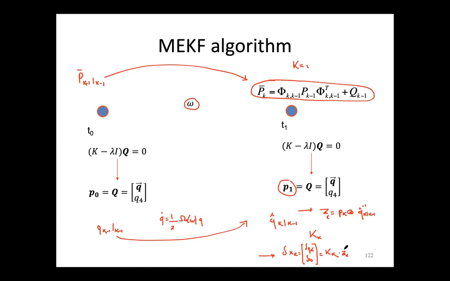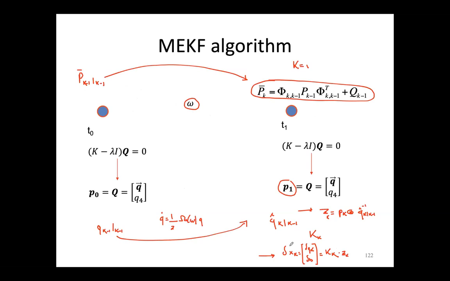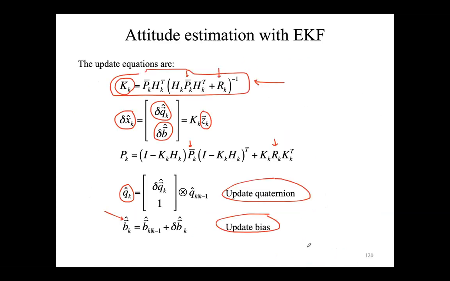Okay, and so this is the end of the Kalman filter, because you have your estimated correction to the quaternion and to the bias of the gyroscope.